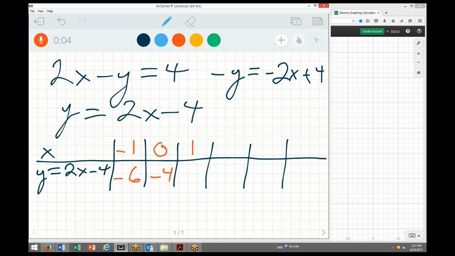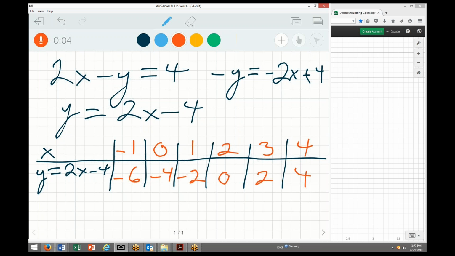And when x is 1, 2 times 1 is 2. 2 take away 4 is negative 2. When x is 2, 2 times 2 is 4. 4 minus 4 is 0. When x is 3, 2 times 3 is 6, and 6 minus 4 is 2. And finally, when x is 4, 2 times 4 is 8, and 8 minus 4 is 4.